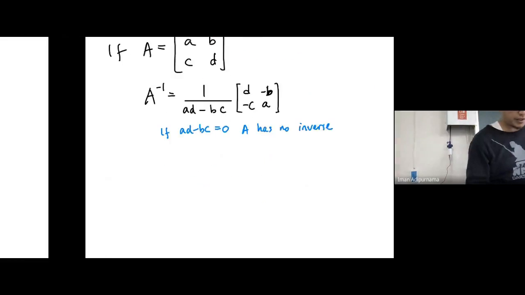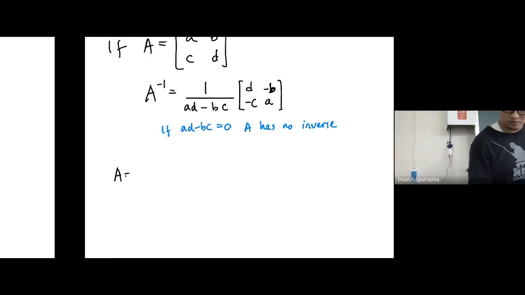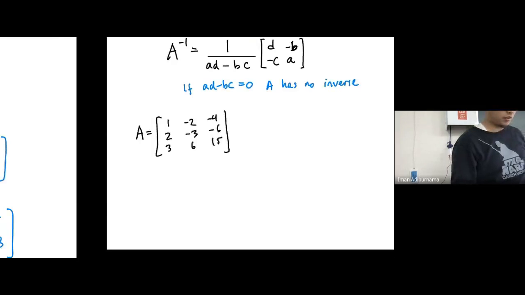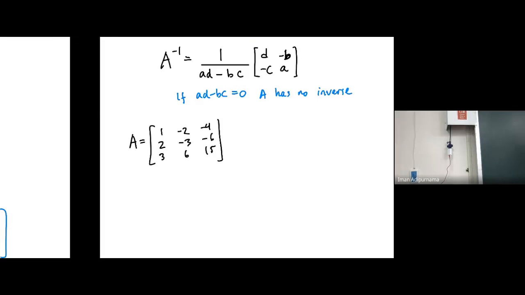Let's say we have the matrix A. Do you still remember how to find the inverse if you have a 3 by 3? You still remember?